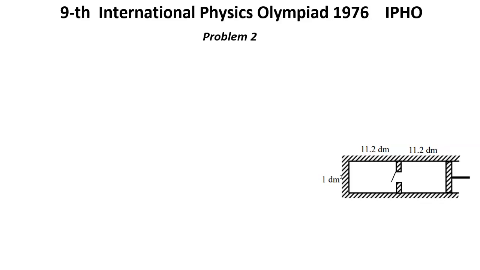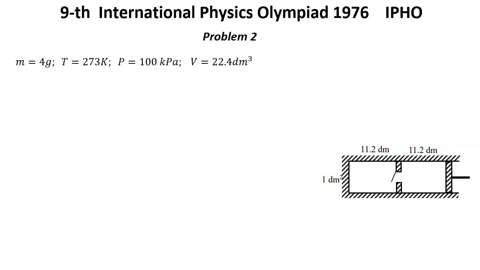Solution for problem number 2. The volume of 4 gram helium at 0 degree Celsius temperature and pressure of 100 kilopascal is 22.4 cubic decimeters, the molar volume.